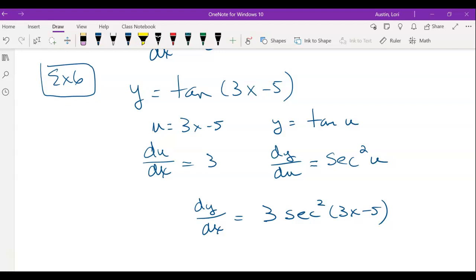All right. So here's the thing. We've done problems that are just a single chain rule. There are problems where you have to apply the chain rule a couple times. There are problems where you have to apply the chain rule within a product rule, or chain rule within a quotient rule.